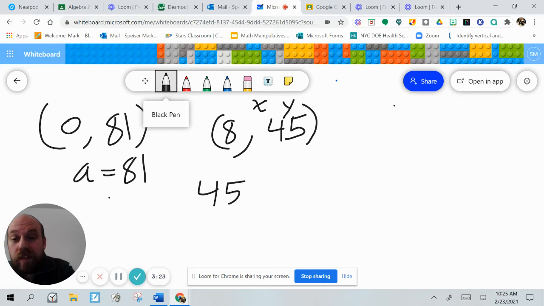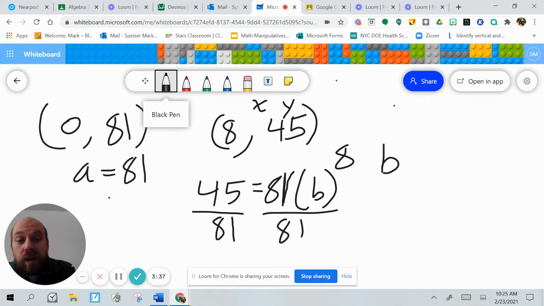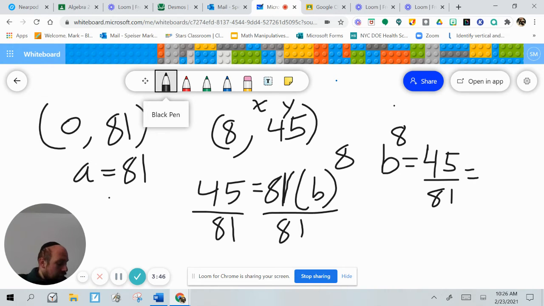So 45 equals 81 times b to the 8th power. We divide by 81. Remember, we try to use a decimal only if we must, and we try to use fractions as much as possible. So 45 over 81 simplifies to 5/9.